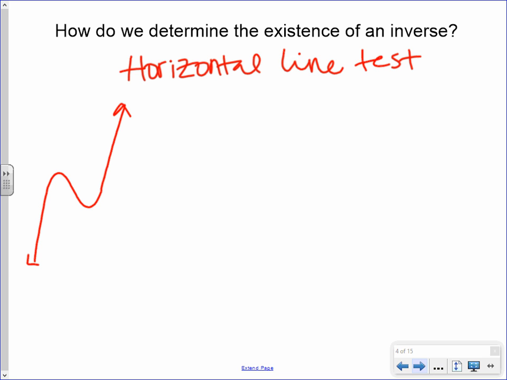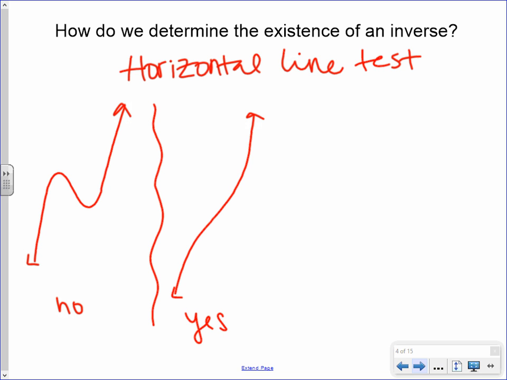Okay, so let me ask you this. Would that pass the horizontal line test? Would this one? Was that confusing? Sorry.